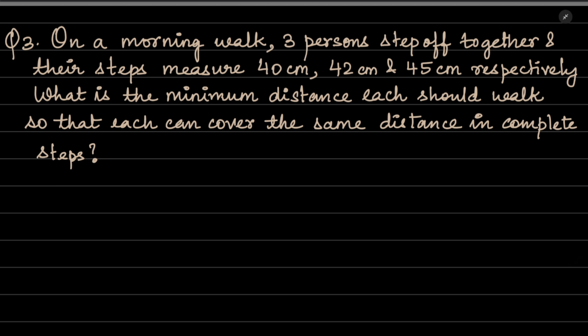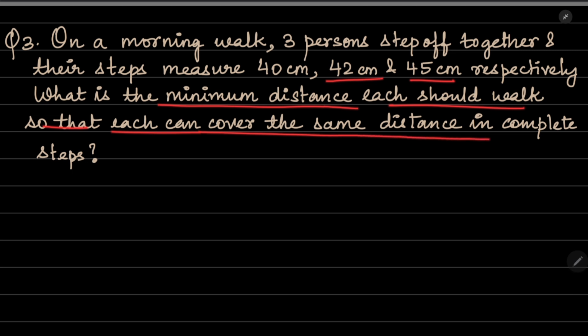So you have to understand this question first of all. The step length of the first person is 40, right? And then the step length of the second person is 42 and 45. What is the minimum distance each should walk so that each of them can cover the same distance in complete steps?